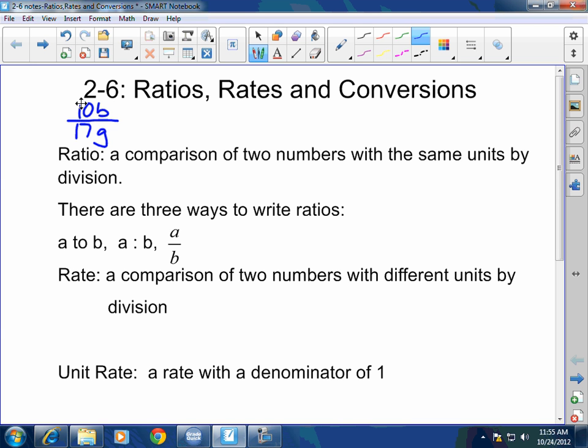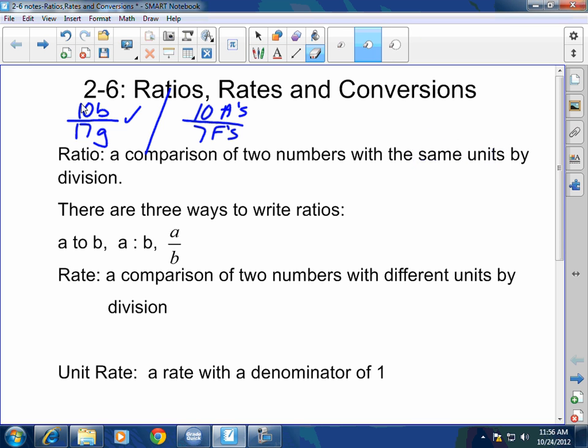Girls are humans? So same unit. Good. It was a ratio of 10 A's to 7 F's. They're both grades, right? Same units. Okay? So that's what I mean by ratios, comparison of two numbers with the same units.